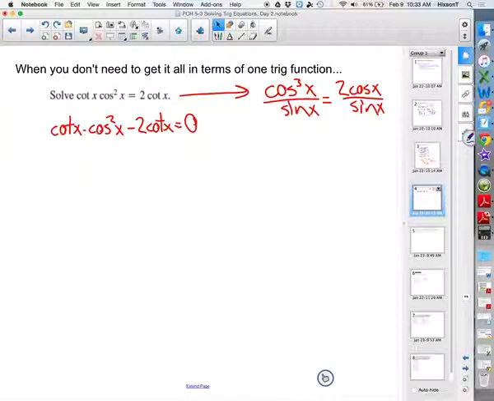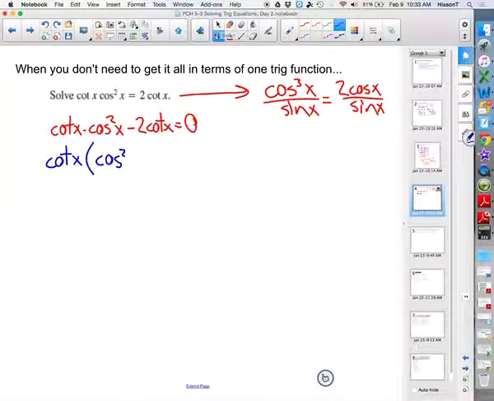Now, Eddie said this earlier. What did you say we should do next on this one? Factor. We can factor out a common factor of cotangent x. And notice, while I still have two different trig functions, because it's factored, and each factor only has one trig function in it, I can now look at it as, either cotangent of x is 0, or cosine squared x minus 2 equals 0.